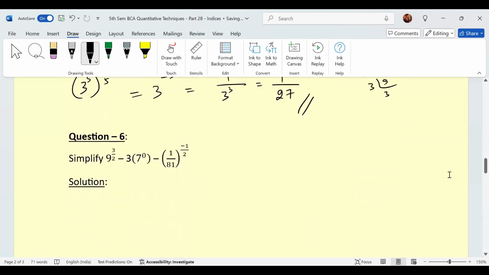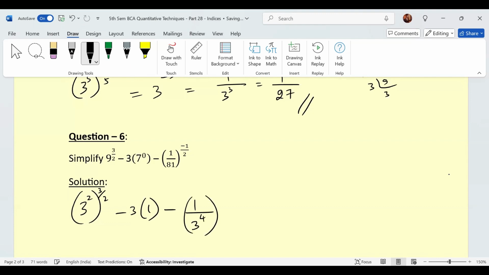Let us move on to the next. 9 to the power of 3 by 2, which is nothing but 3 square to the power of 3 by 2, minus 3 into 7 power 0 is 1, and minus 1 divided by 81, which is 3 power 4, to the power of minus 1 by 2.